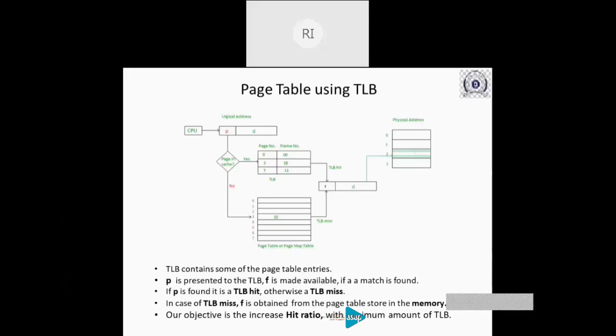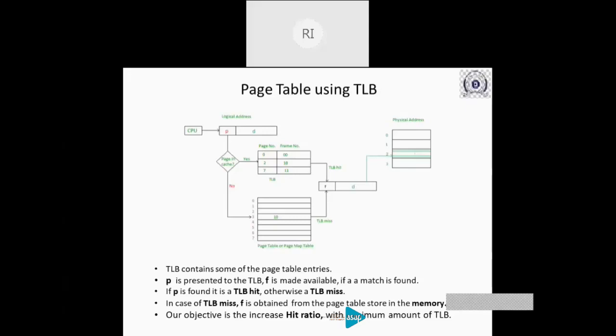The logical address is divided into page number P and offset D, and P is presented to the TLB, and first the page number is checked in the TLB. If the entry is available in the TLB, the corresponding frame number is obtained from the TLB.